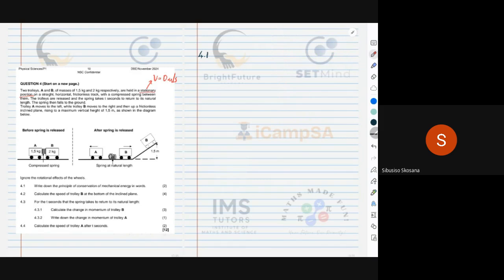Velocity is 0. Then it's on a horizontal frictionless track, there's no friction, with a compressed spring between them. The trolleys are released and the spring takes t seconds to return to its natural length. The spring then falls to the ground.